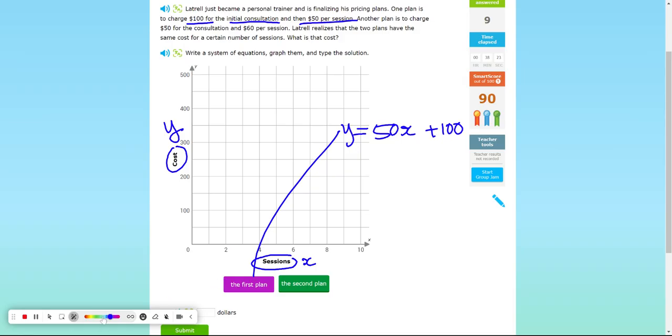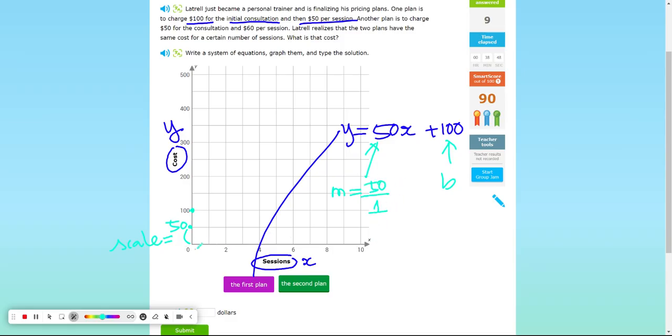So let's graph this. Start with 100. Find 100 right there. That's the b. I noticed that the scale happened to be 50 right there. To graph, I use the slope m equals 50 over 1.